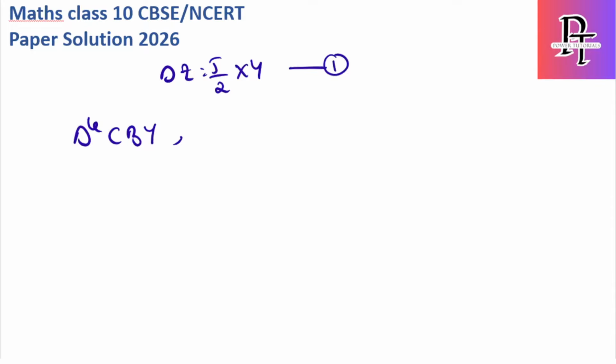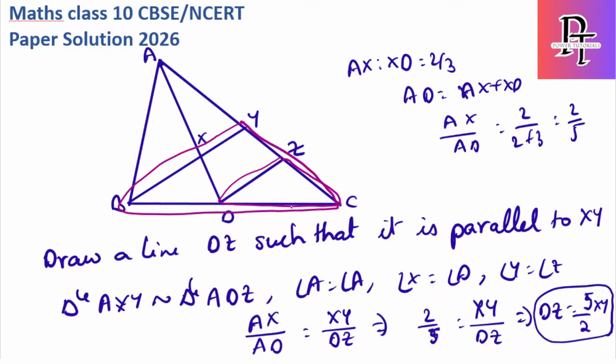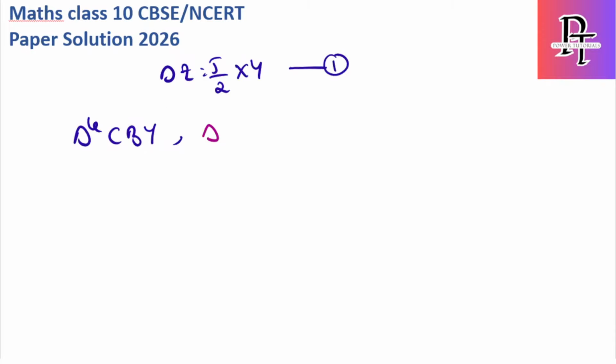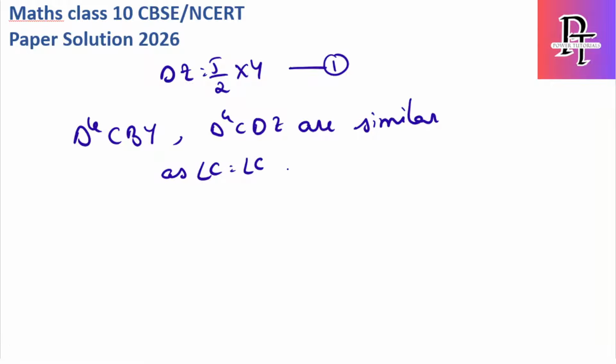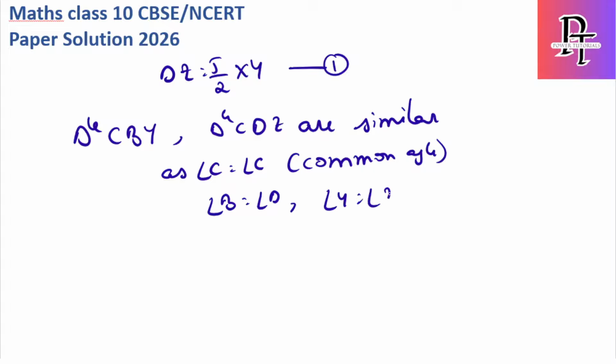So I'll write triangle CBY and triangle CDZ are similar as angle C is equal to angle C common and angle B will be equal to angle D and angle Y is equal to angle Z as lines are parallel.